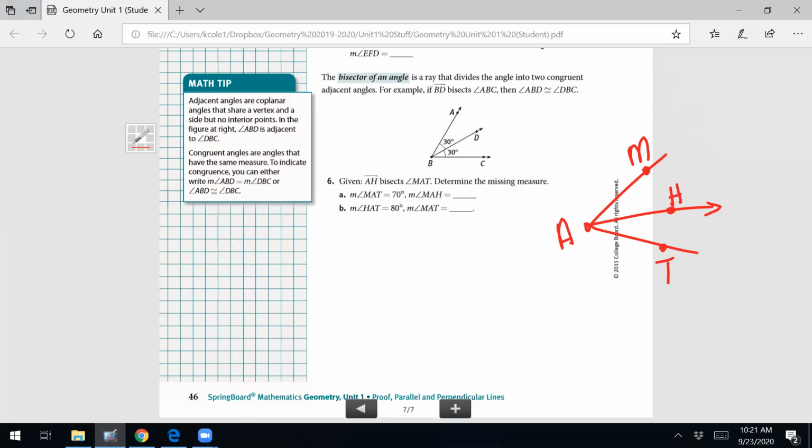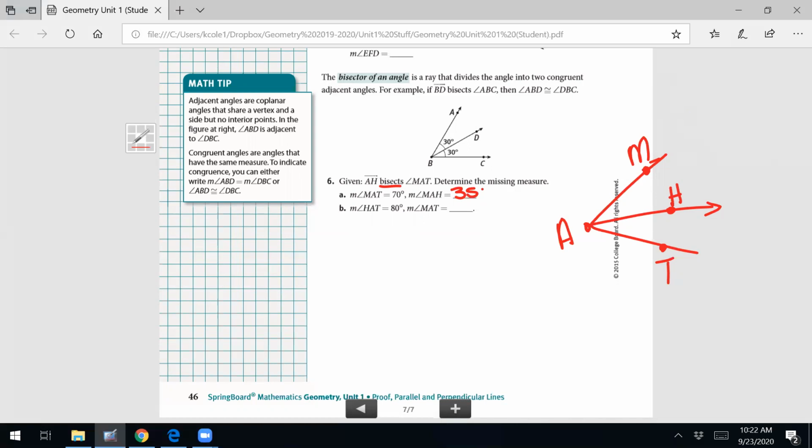So we need to find the missing values. If MAT is 70, if the whole thing is 70, what is MAH going to be? If our entire thing is 70, it's been cut in half by the bisector, so it's going to be half of 70, which is 35.